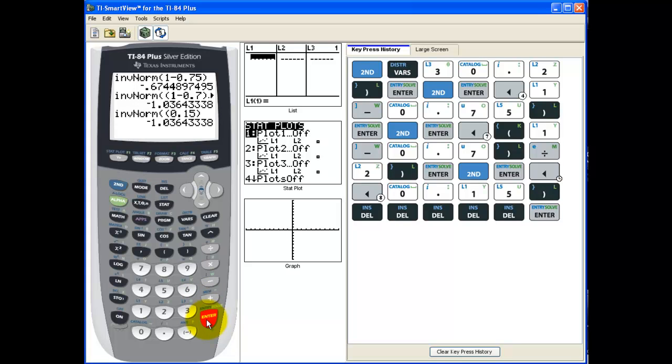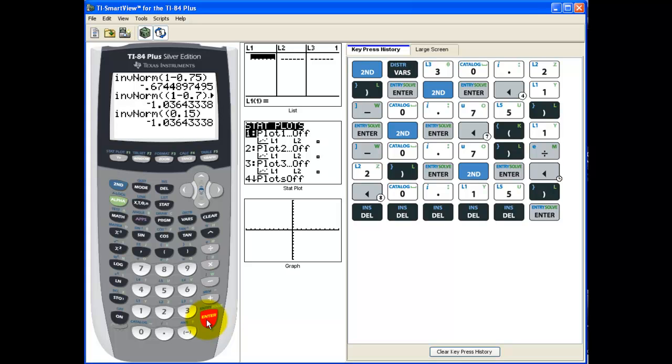So it's up to you whether you want to have the calculator do the arithmetic for you or not. But anyway, the most important thing is you be able to picture that region and give the z-values. Now we have the left z-value there, but the right z-value is going to be the opposite of that. So the answer to this would be negative 1.0364 and so on, and positive 1.0364 and so on.